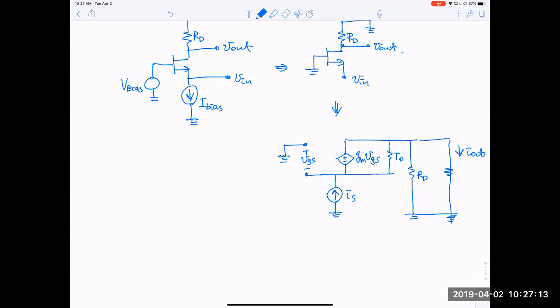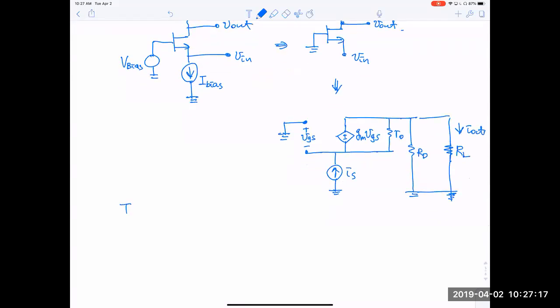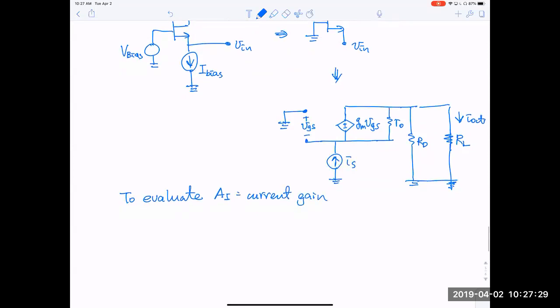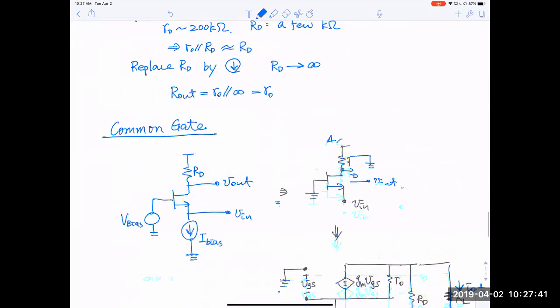There is RL. To evaluate the current gain AI, you basically make RL go to 0 so that all the current will go through the branch.